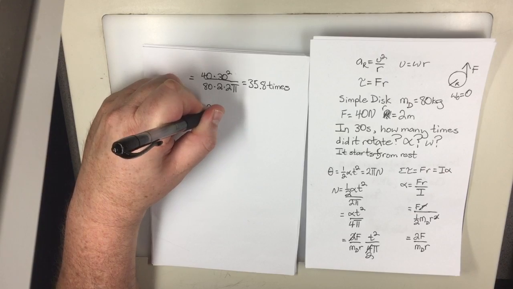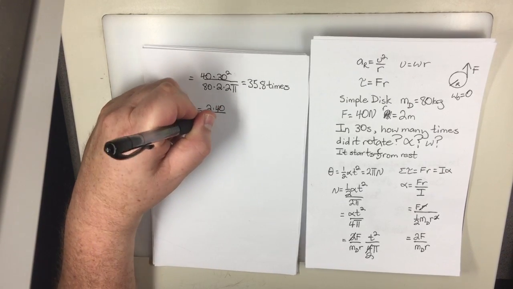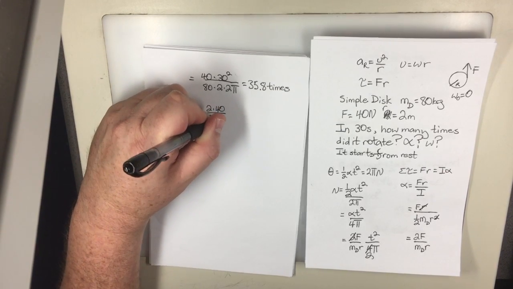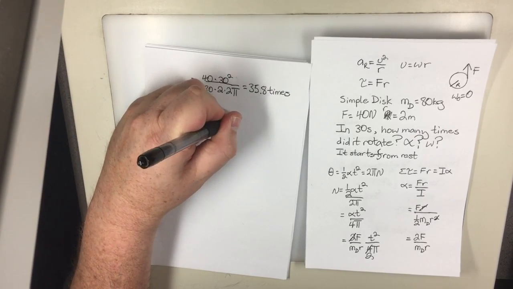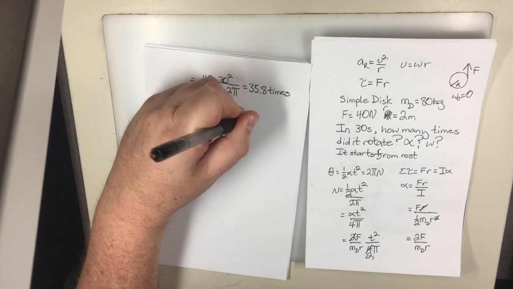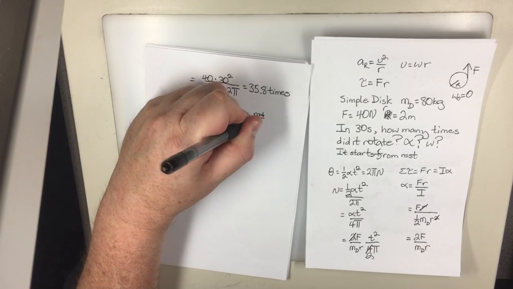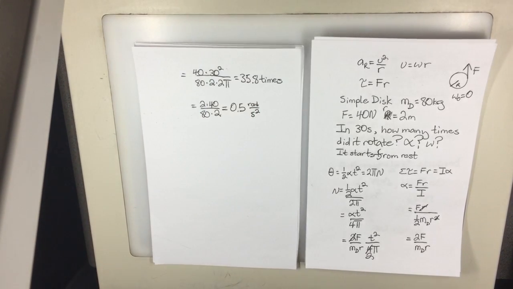2 times 40 divided by 80. Oh, I love numbers when they cancel. Divided by 2, so it is 0.5 radians per second squared. That's its angular acceleration. Throughout the motion, it was accelerating at half a radian per second squared.